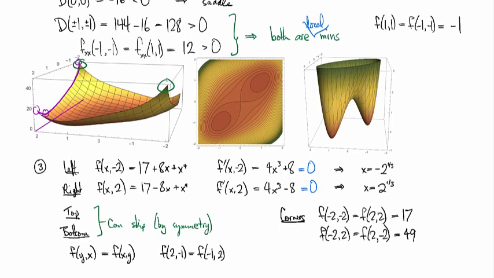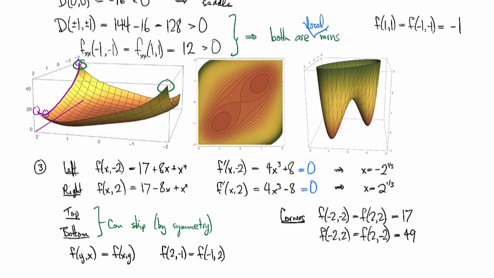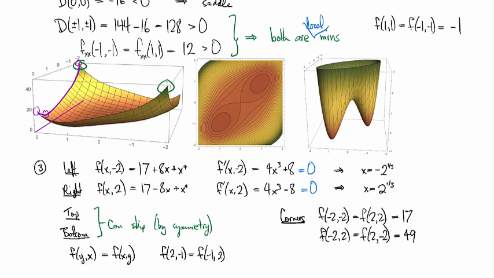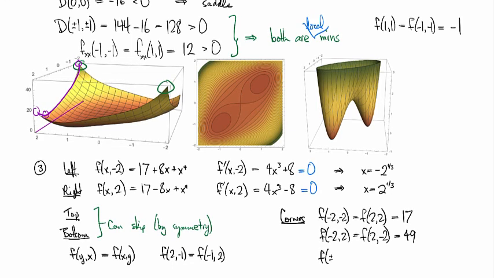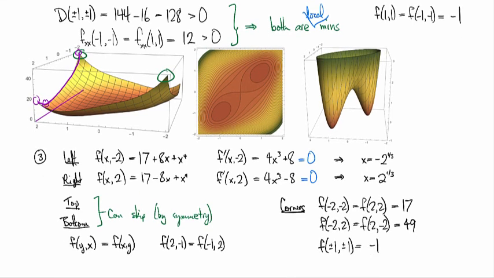And so to figure out what the max and min are, we just have to compute f at all of these locations. So let's compile our list. So back in the beginning, we found minus 1. And let's see what else we got.